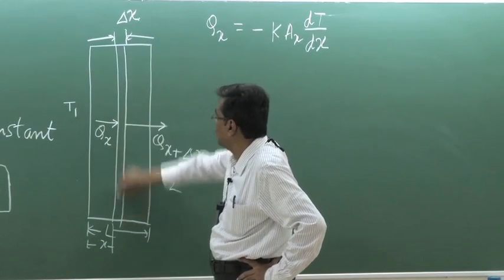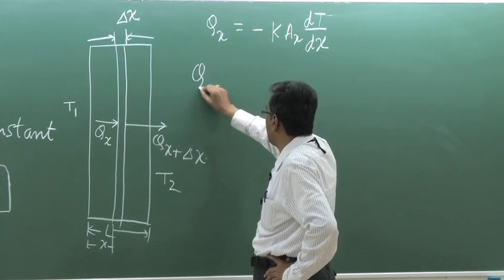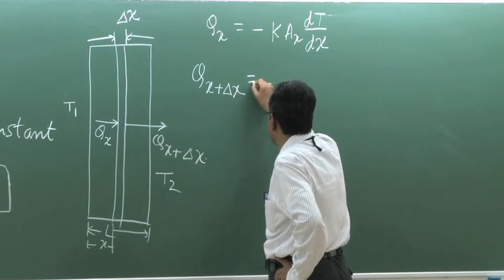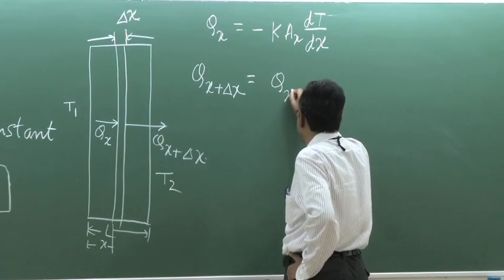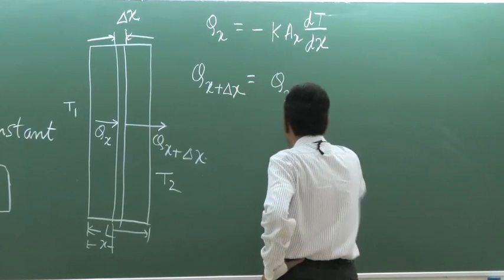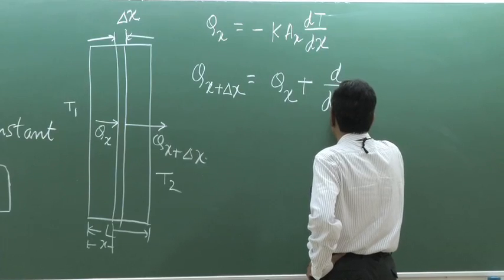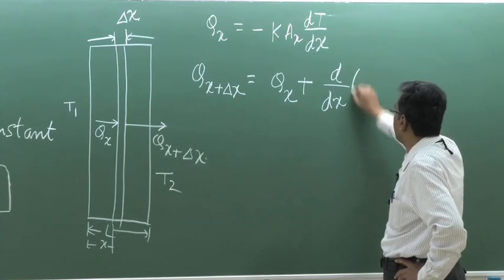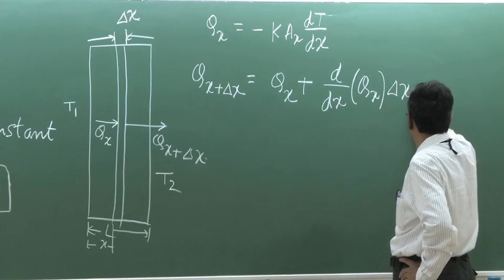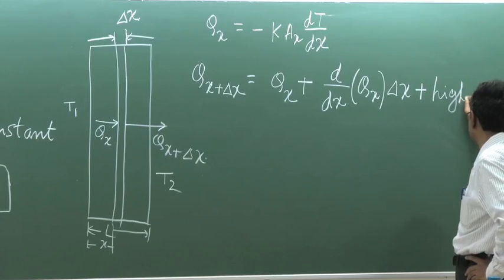Using the same logic, Qx plus delta x we can expand in a Taylor series at x in the neighborhood of x plus delta x this way: d/dx of Qx times delta x plus higher order terms in delta x.